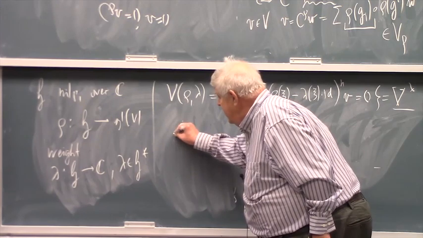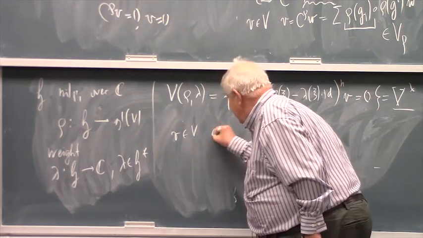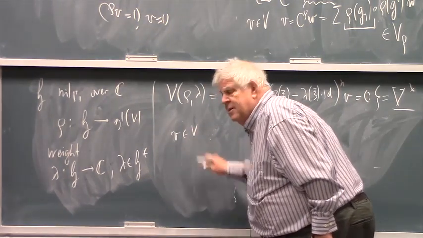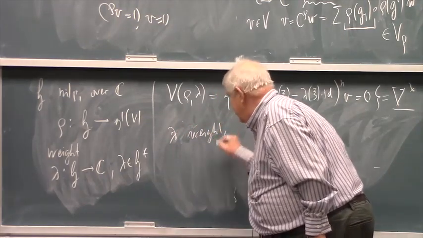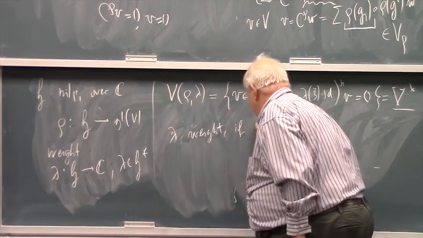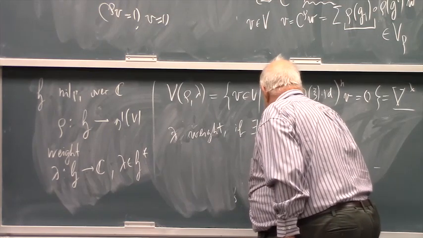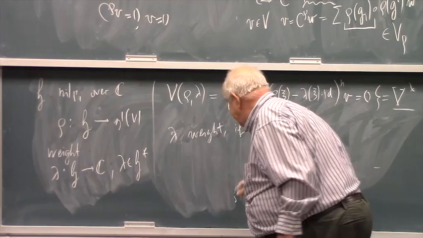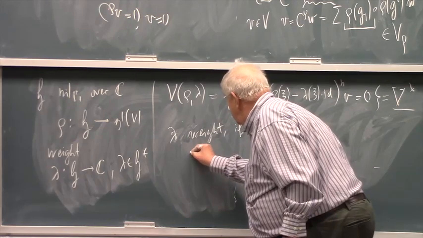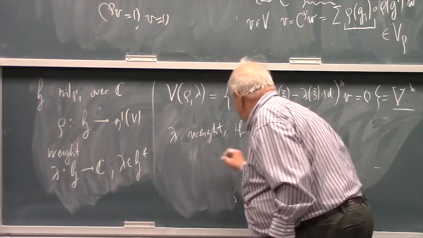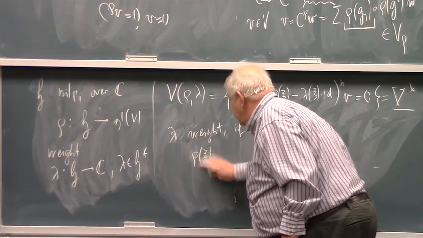I call lambda a weight if there exists a non-zero vector V in V, just one vector, such that the same property holds.